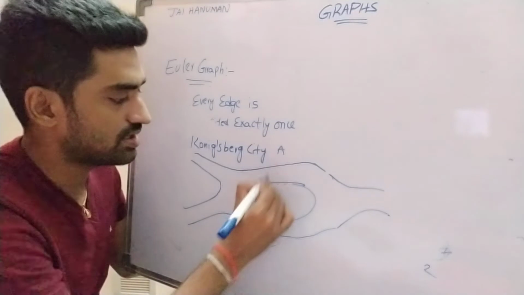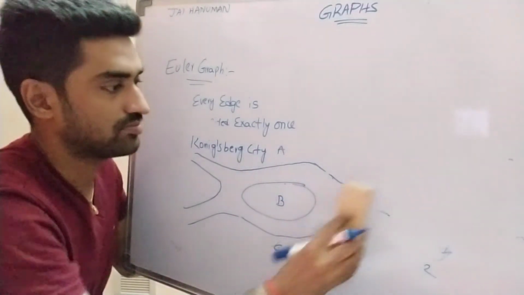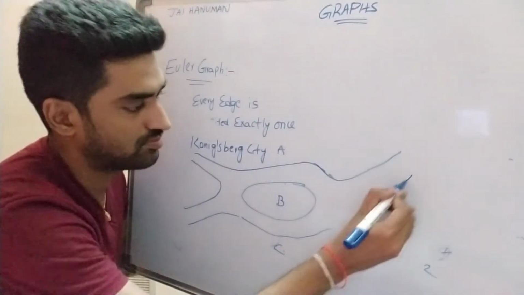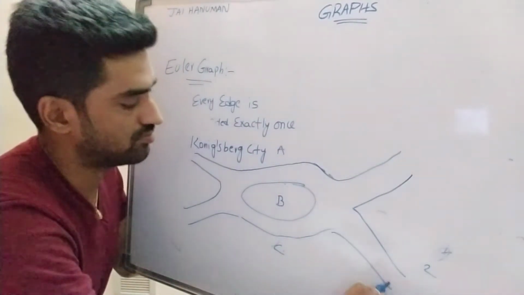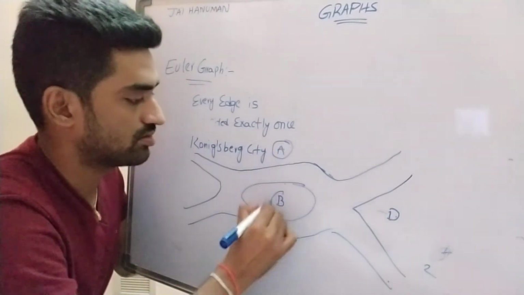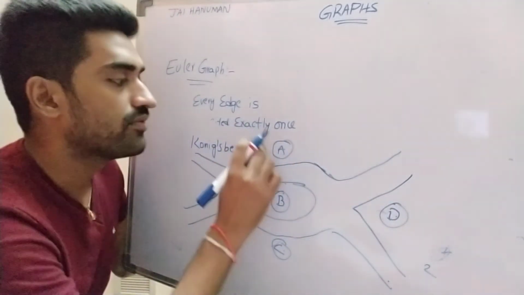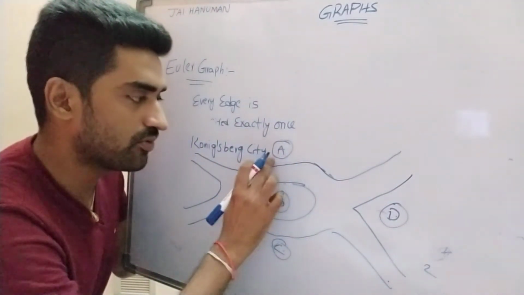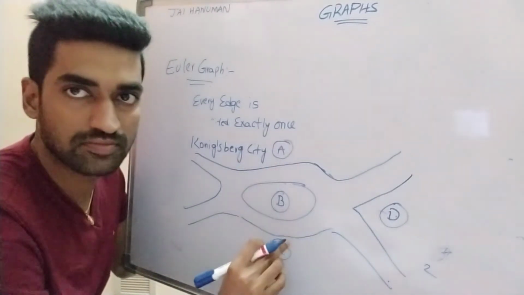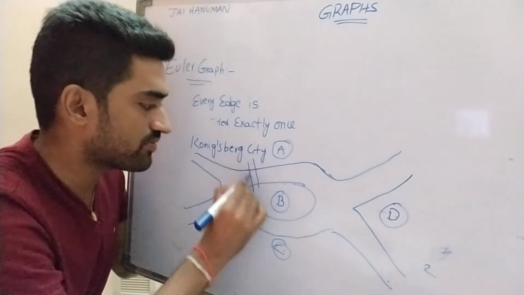This is city A, B, C, D. So this is Königsberg city, which is surrounded by 4 lands, namely A, B, C, D, and these lands are connected with the help of 7 bridges.